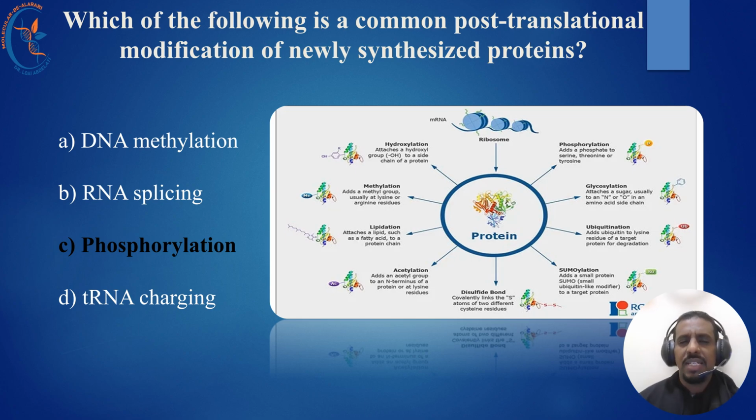Think of phosphorylation as adding small chemical tags, phosphate groups, to a protein, which can change the protein's function, activity, or location within the cell. So, phosphorylation, along with other modifications like glycosylation and acetylation, occurs post-translationally to regulate protein function and activity.